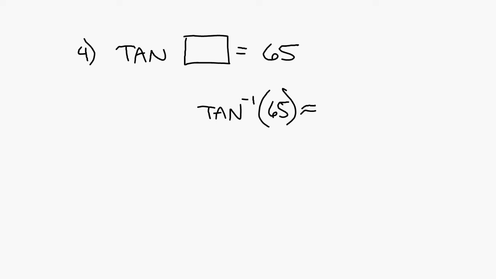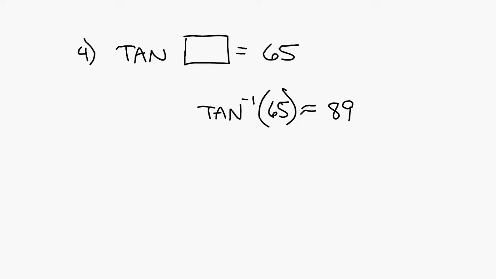So in your calculator, you either need to enter 65, then push second tan, or depending on the type of calculator, you go tan -1 and type in the 65. So when you go tan -1 of 65, that's equal to 89.